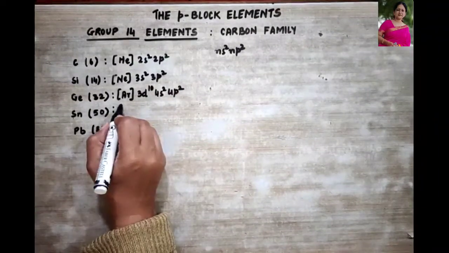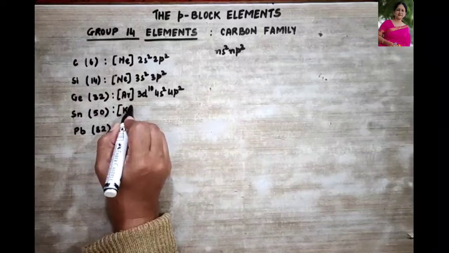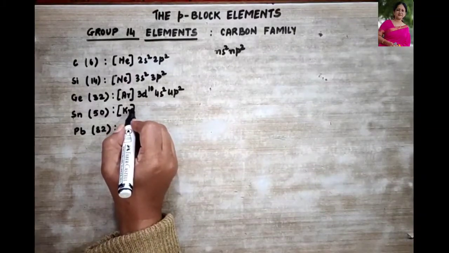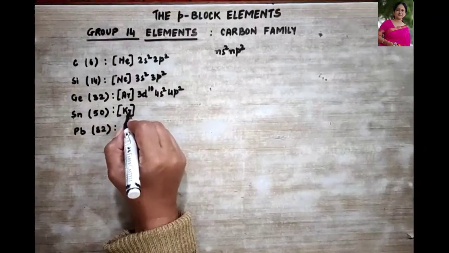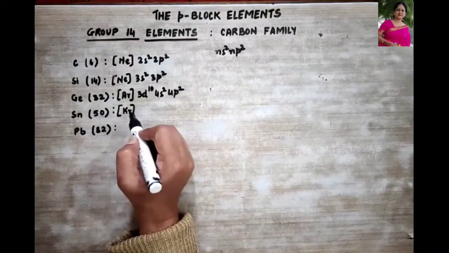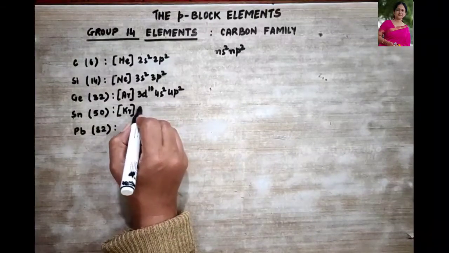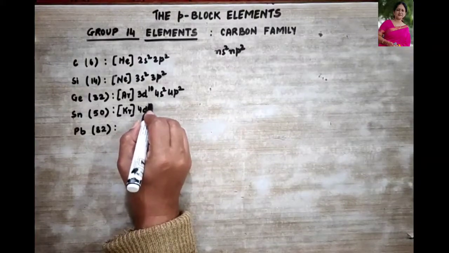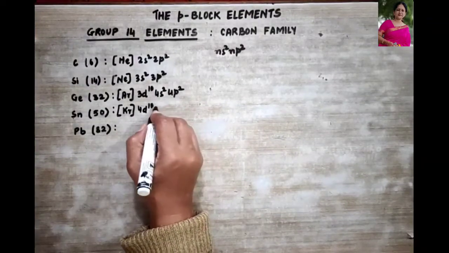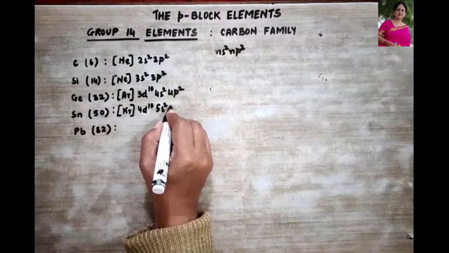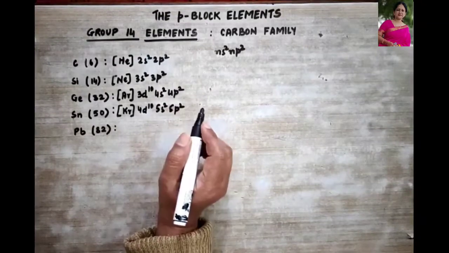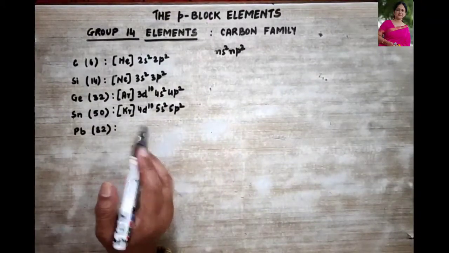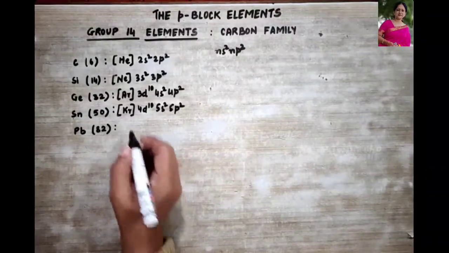What about tin? For tin it is krypton. Krypton means 36. Now this tin, after krypton, is going to enter the D block, that is 4d10, right? Then 5s2, 5p2. Now let's talk about lead. 82 is the atomic number.